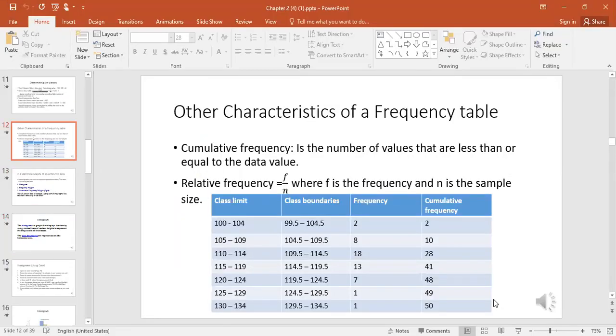These are the classes. You can also see this table in your textbook. And then you can learn how to use Excel. At the end of each section, there is an Excel instruction on how to use Excel to make this table.